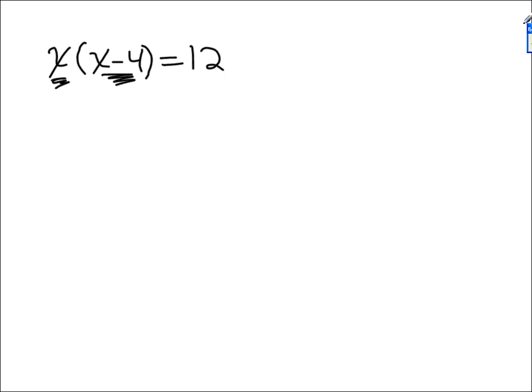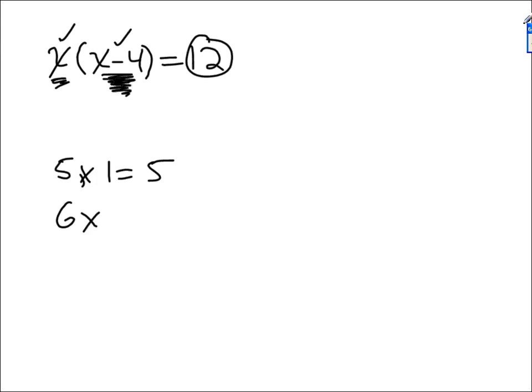Well, let's try to get positive numbers. This is the smaller one. Say x has to be more than 4. Let's try 5. If x is 5, then that number will be 4 less, which is 1. That multiplied out to 5, not 12.